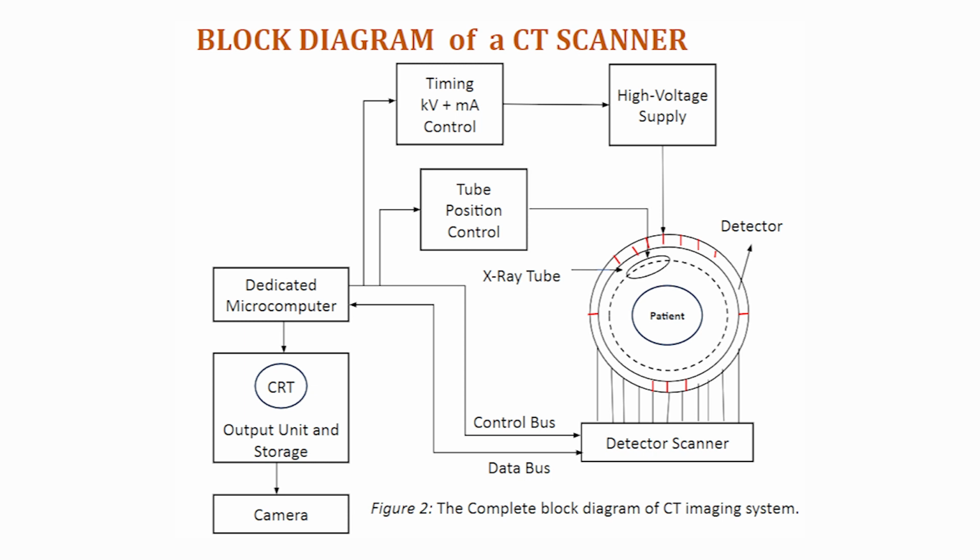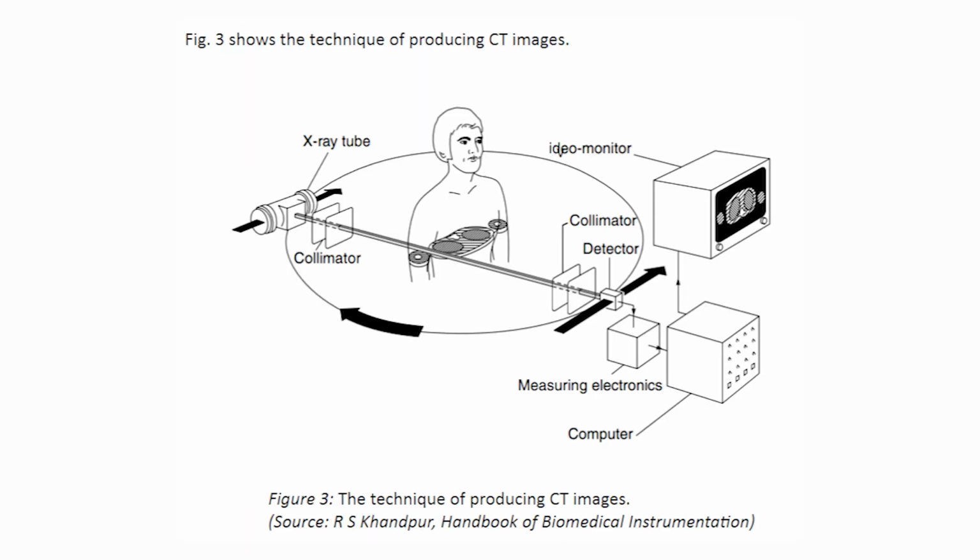You can see in this figure that a CT scan system consists of an X-ray tube and detector, couch for patient, high voltage supply, timing, kilovolt and milliampere control, tube position control. You can also see a dedicated microcomputer, storage devices and output unit along with a camera.